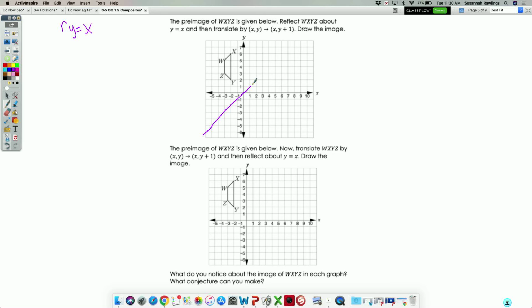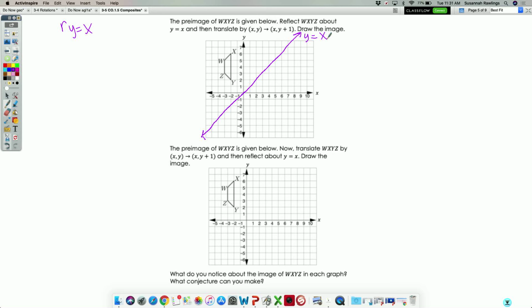There are rulers in the back if you would like one. You do have to know that for the test. That may not be drawn in for you. So it crosses right through our origin, and it is my positive diagonal line.